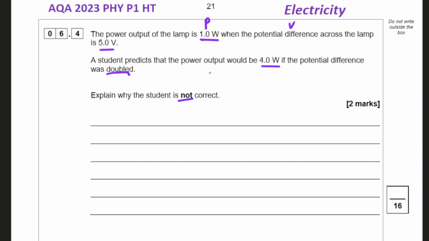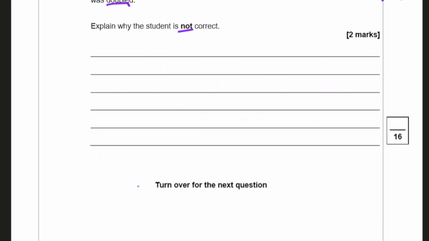Now, what is the equation that links power, current and voltage? The equation that links power, current and voltage is P equals V I or I V. So let's apply that over here.